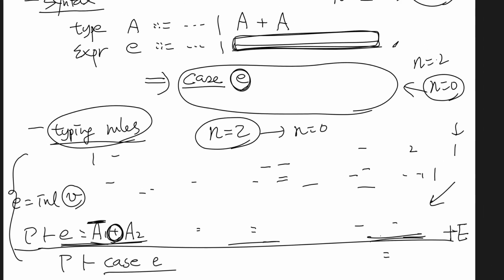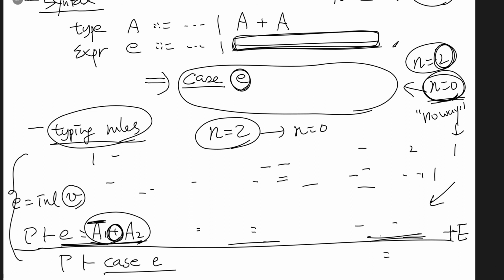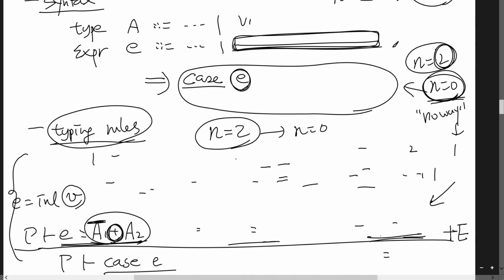Then what is a good name for this sum type when n is set to 0? In the case of n is set to 2, there are two different ways to create a value of this sum type. If n is set to 0, there's no way to create a value of this sum type. So therefore we use this type void to indicate that there is no way to create a value of this type.